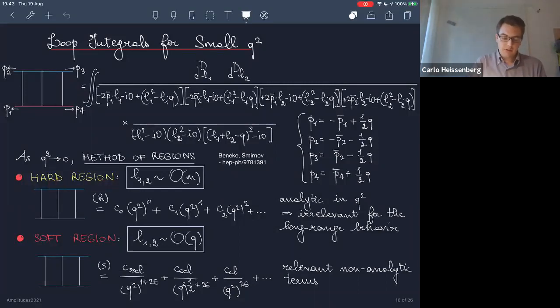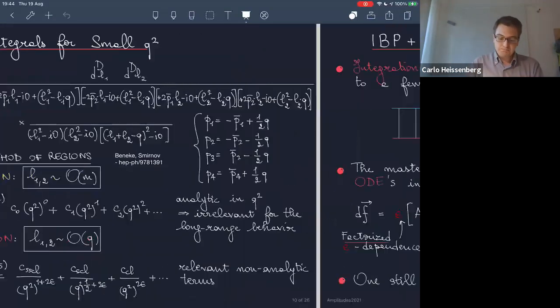One is the hard region, where the loop momenta essentially do not scale with q, but this just gives rise to analytic terms in q squared, which are not relevant to the long-range behavior, and we can throw them away. The relevant region is the soft region, where the loop momenta scale as q, and indeed this gives rise to these non-analytic terms in q squared, and therefore to these power law long-range terms in the b-space expression.